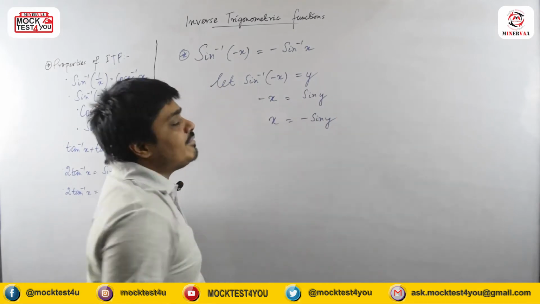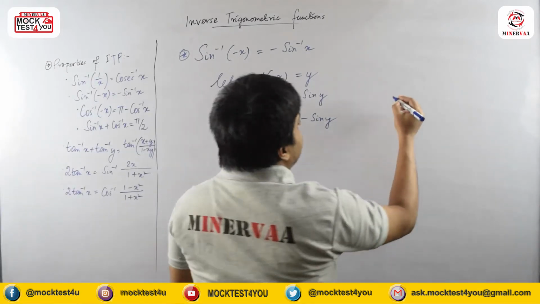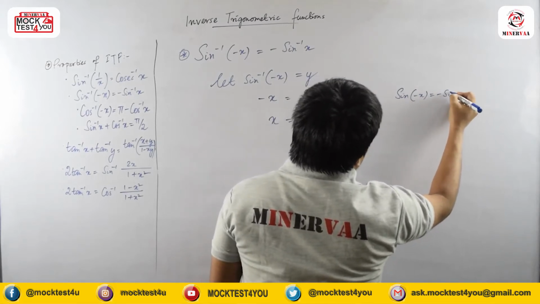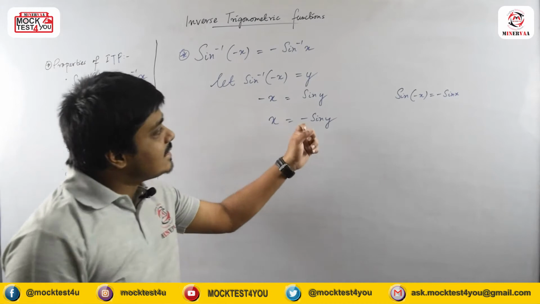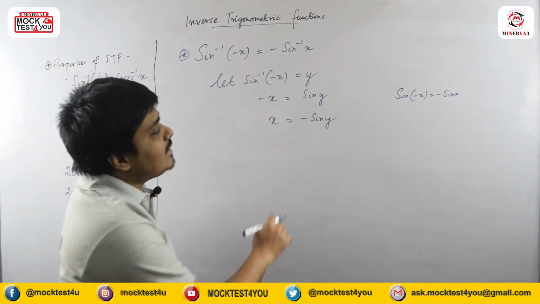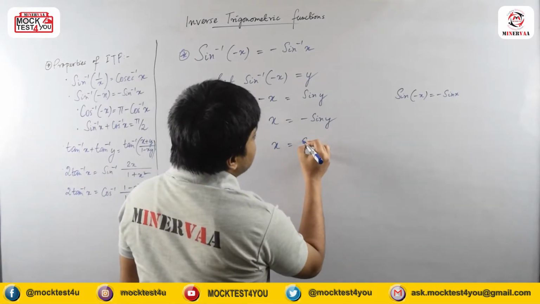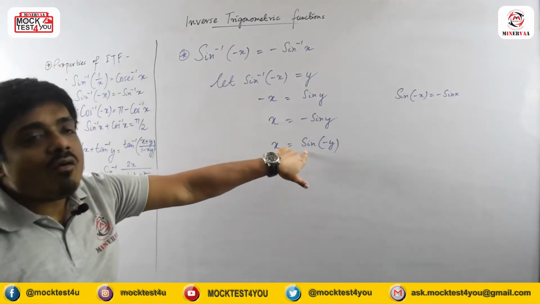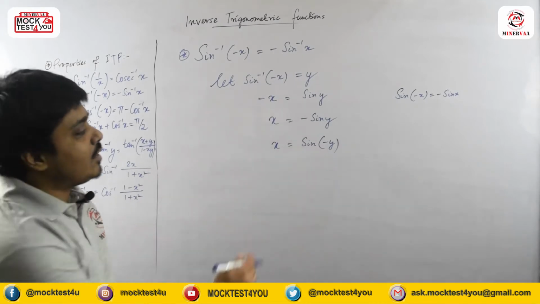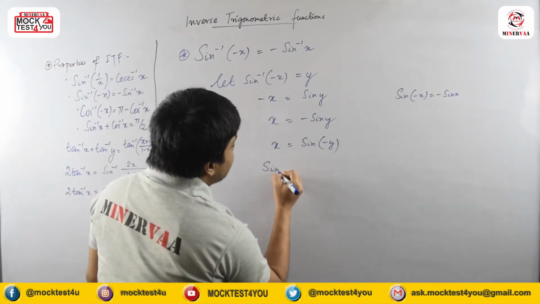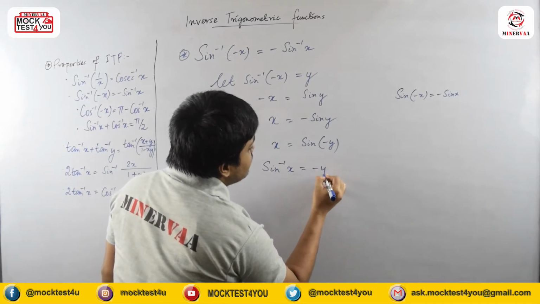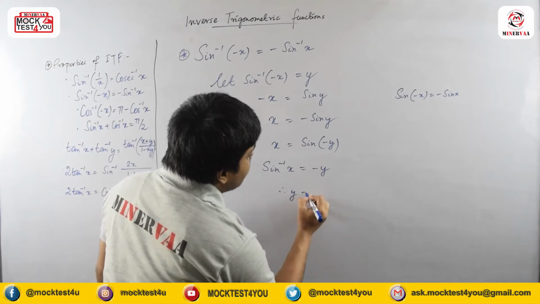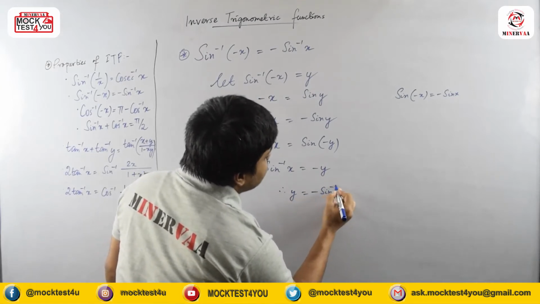Now in class 11, we learned one formula, that sine of minus x is equal to minus sine x. So here we can see that it's minus sine y, so we can write this as sine of minus y. Now again I will take that sine back. So it becomes sine inverse x is equal to minus y. So from here, can I say, therefore, y is equal to minus sine inverse x?